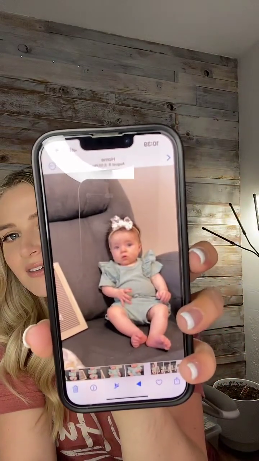Look at all the hair. Let me find another one. She is so adorable.